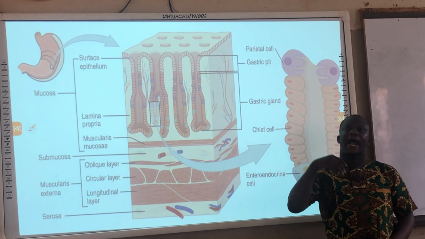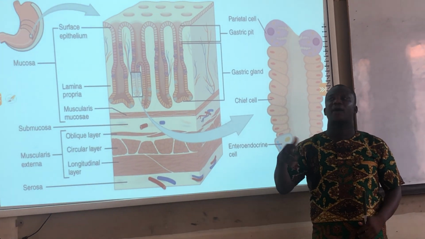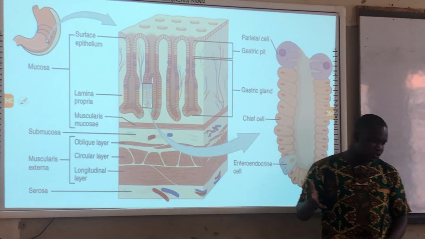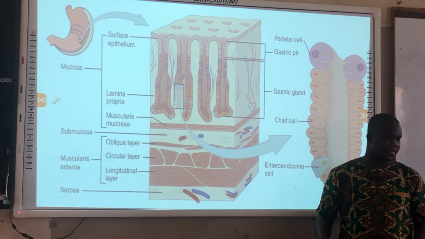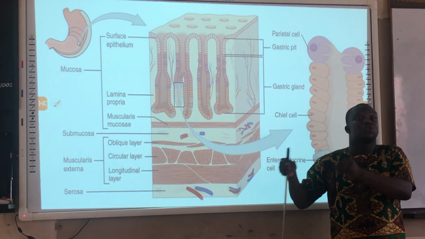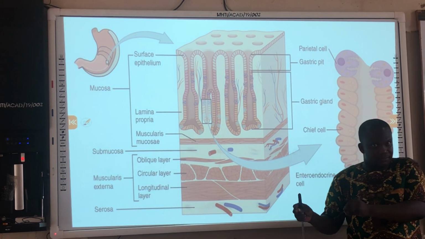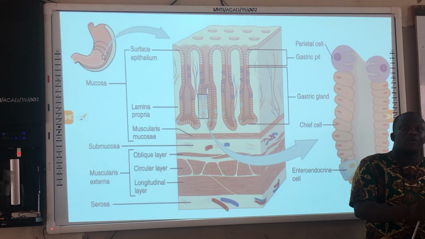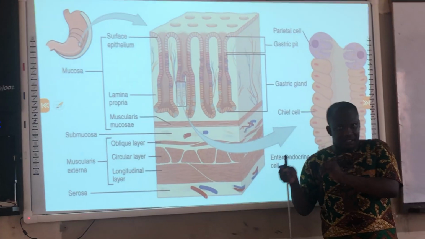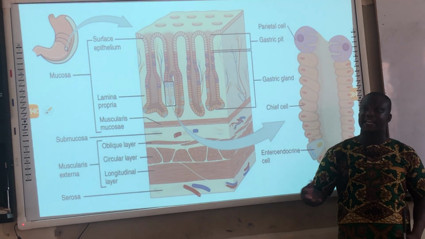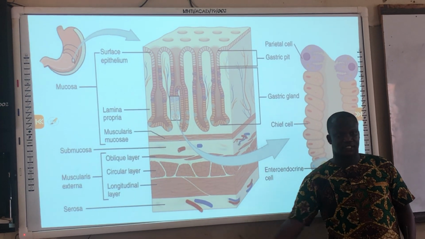Now, how does the neural control occur? The neural control will lead to gastric juice secretion. The hormonal control will also lead to gastric juice secretion. But remember, gastric juice is produced continuously every day.